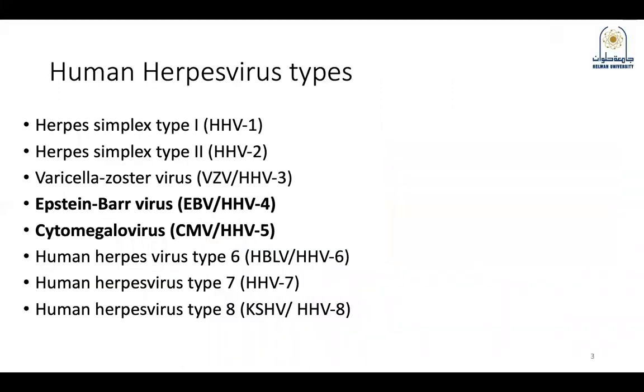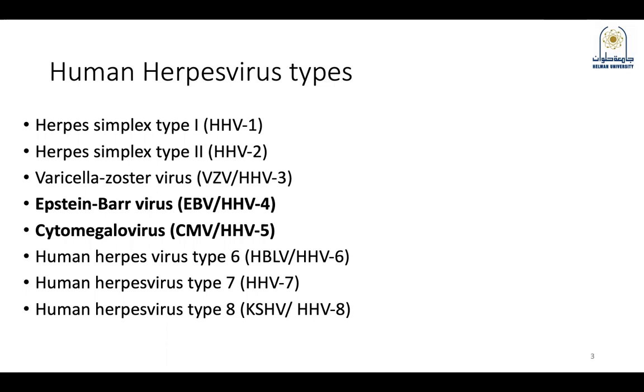First of all, this is an introduction for the types of the herpes viruses group, of which the Epstein-Barr virus and the cytomegaloviruses are part. We have 8 types: herpes simplex type 1, type 2, and varicella zoster, herpes virus type 3. The Epstein-Barr virus is herpes virus type 4, and the cytomegalovirus is herpes virus type 5.